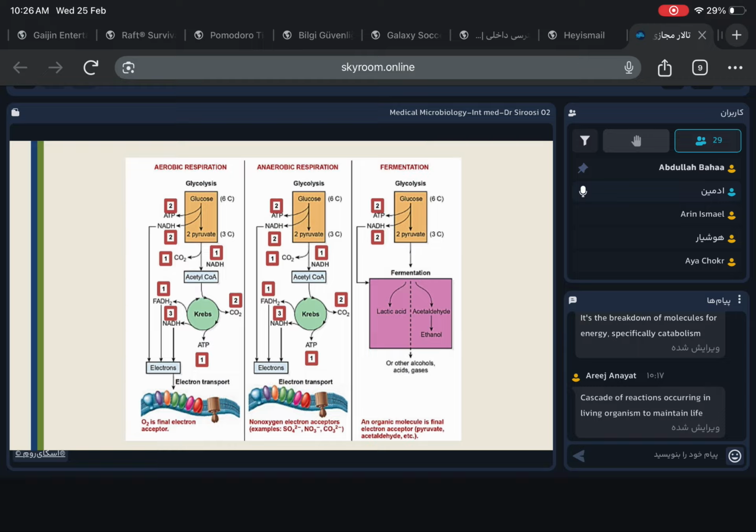And in aerobic respiration, we get the greatest amount of ATP from one molecule of glucose compared to anaerobic respiration and fermentation. The reason is that molecular oxygen is the best electron acceptor compared to other molecules. That's why we get 38 ATP molecules from one molecule of glucose in aerobic respiration.